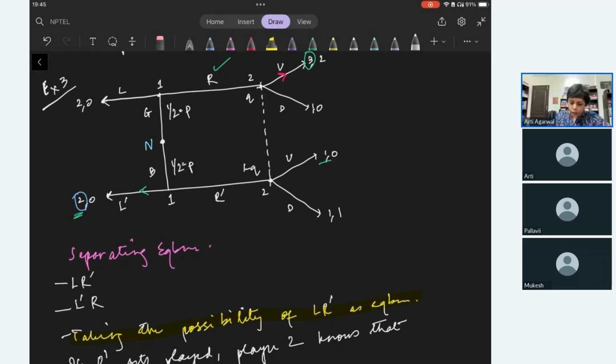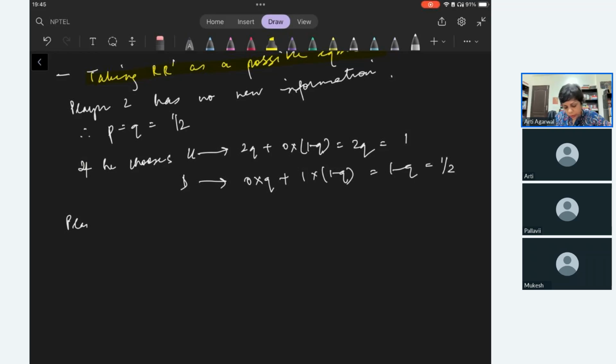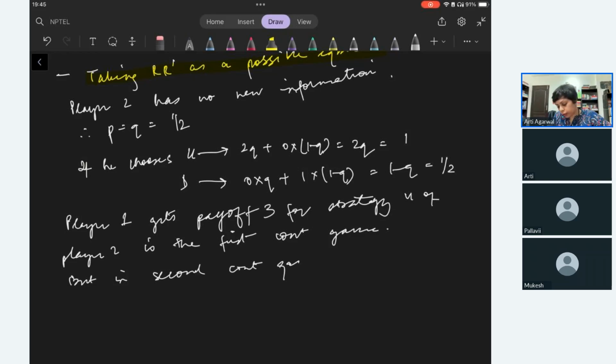Now, writing this is a bit tricky, but okay. Player 1 gets payoff 3 for strategy U of player 2 in the first continuation game, but in the second continuation game he gets a higher payoff for L prime, not R prime.